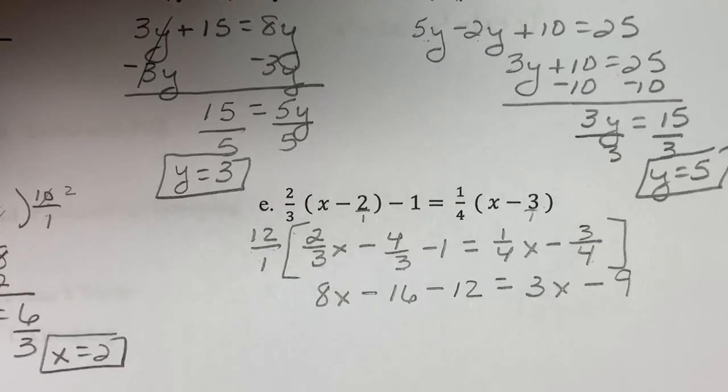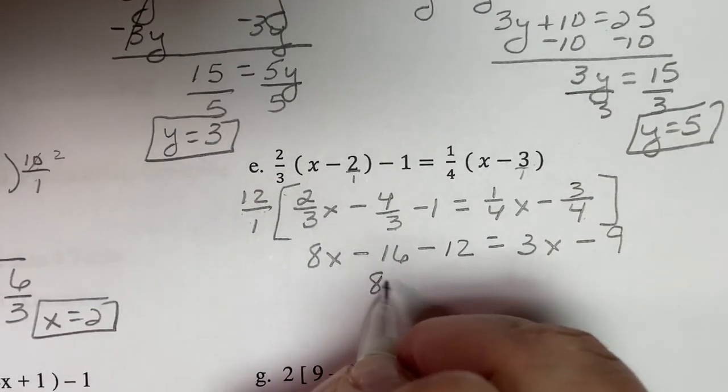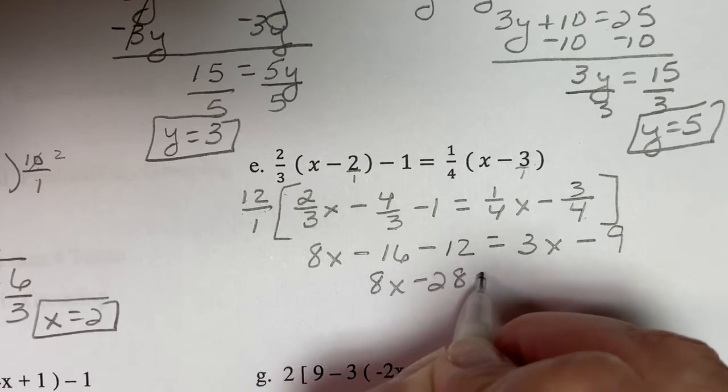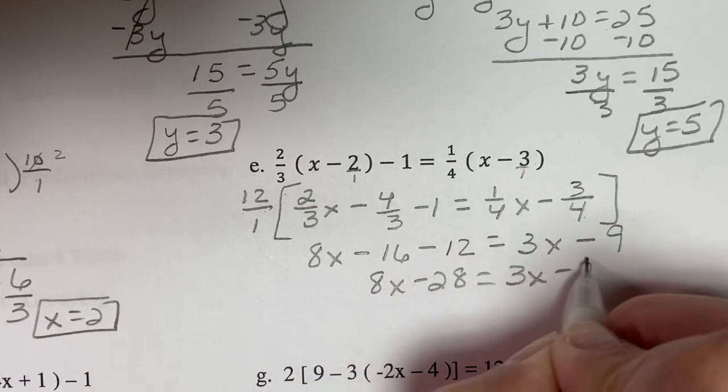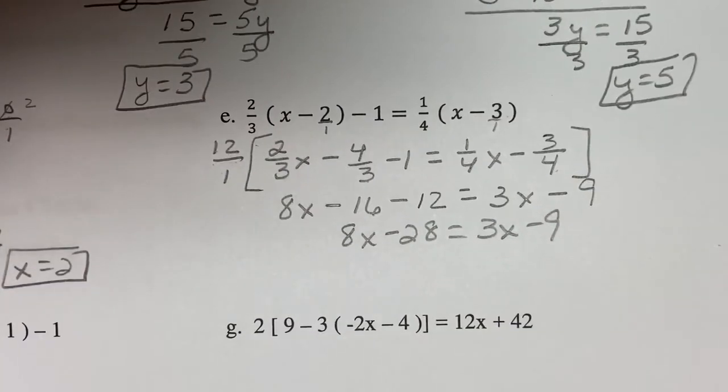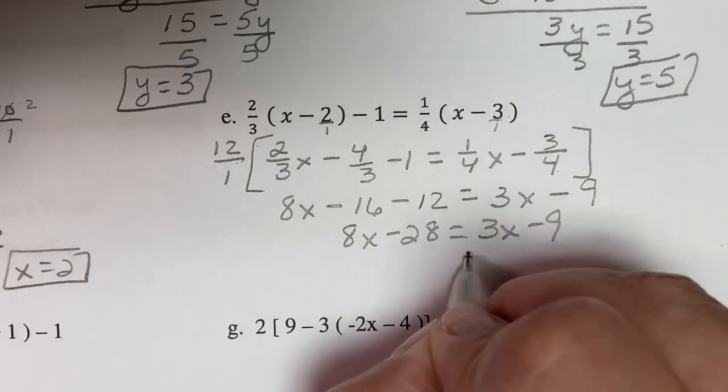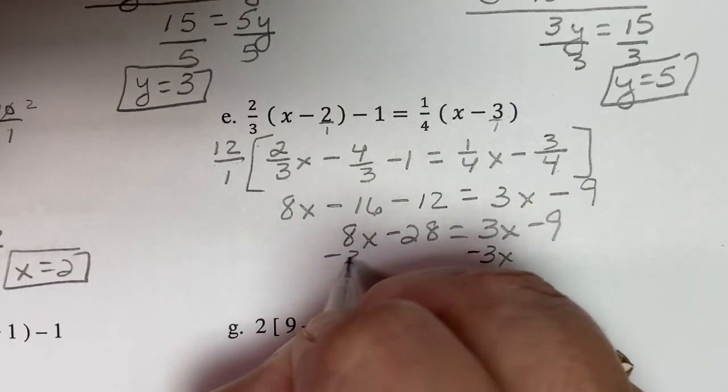Voila, no fractions. We have some like terms that we can combine, so let's go ahead and do that. I can see I'm going to have a space issue already. So I'm going to get all my variables to the left, so I'm going to subtract 3x from both sides.